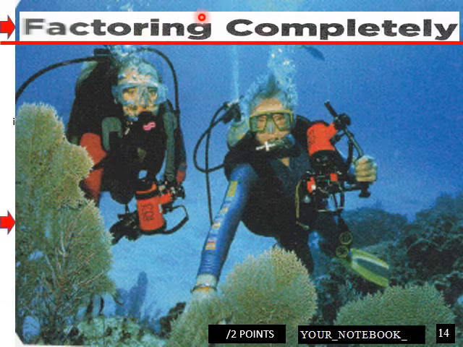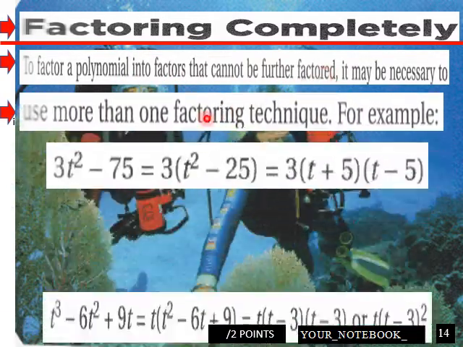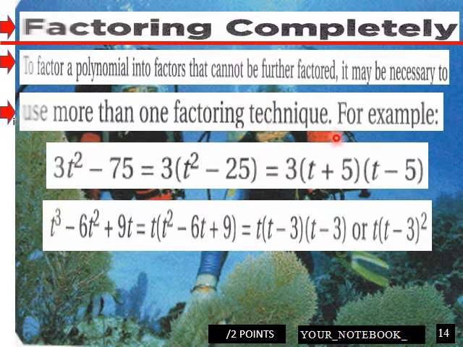So in factoring completely here, to factor a polynomial into factors that cannot be factored further, it may be necessary to use more than one factoring technique. For example, here you could factor out a 3, and you come up with t squared minus 25, which is the difference of squares, and then you get this pattern here.